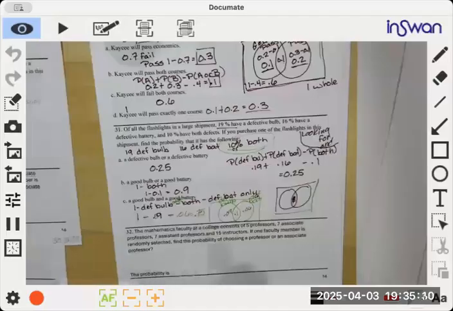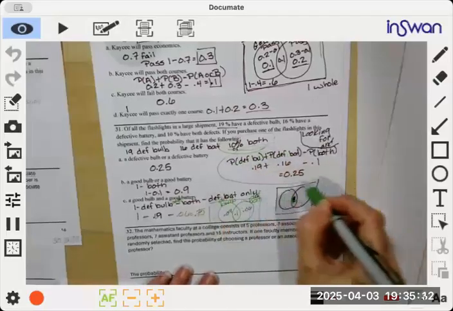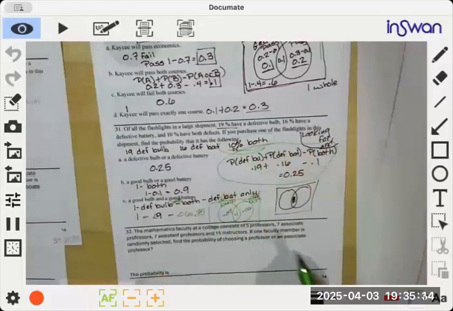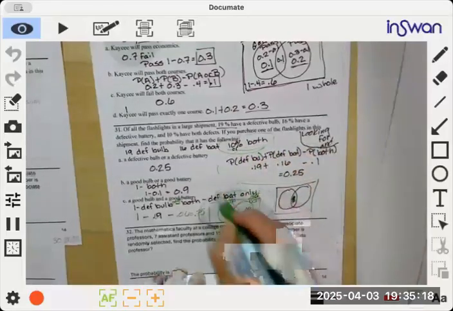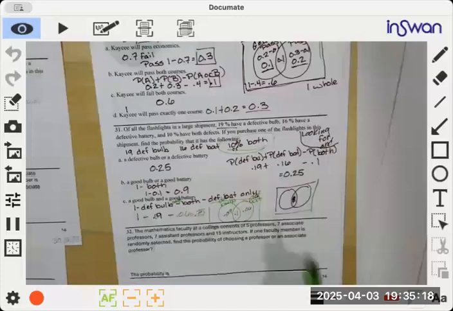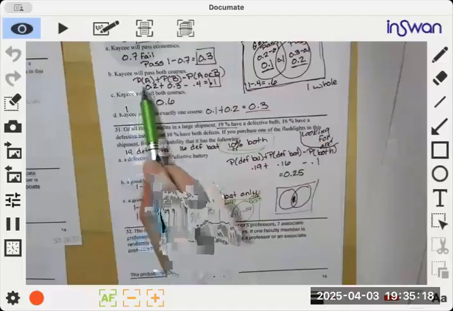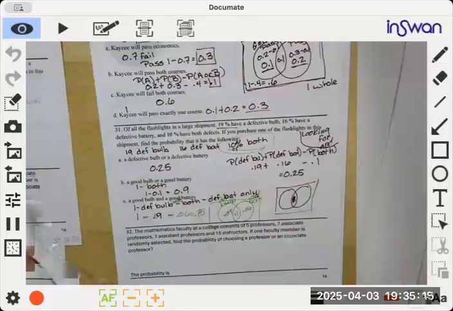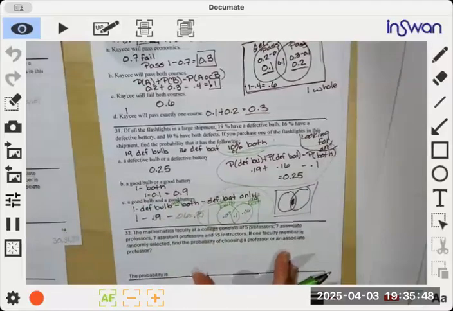If you can, just always remember the formulas. If the formulas don't work for you, then do the Venn diagram. But the formulas are just like what we did in the last unit. I was gonna say, what's the formula? Can you make it clear? Because I can barely read what you have.